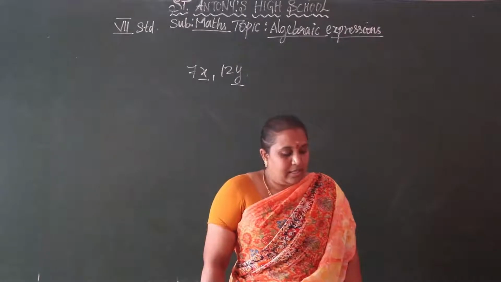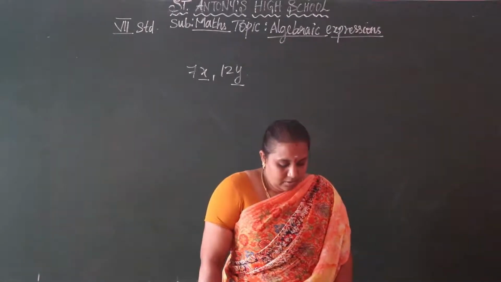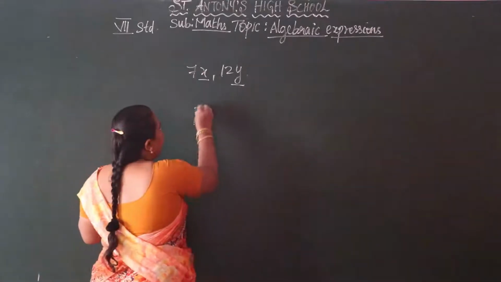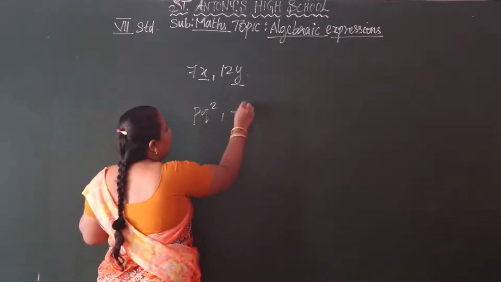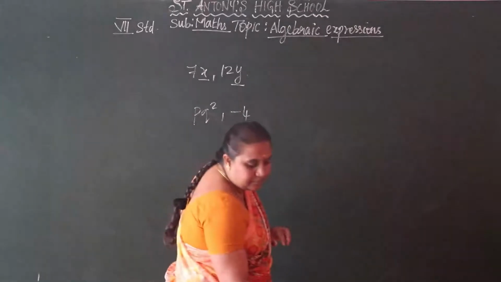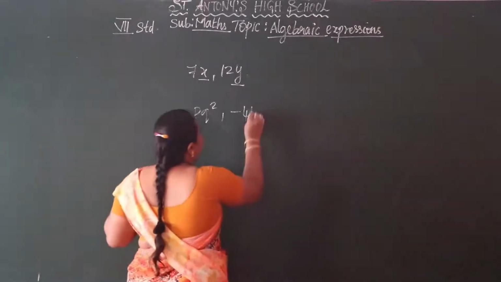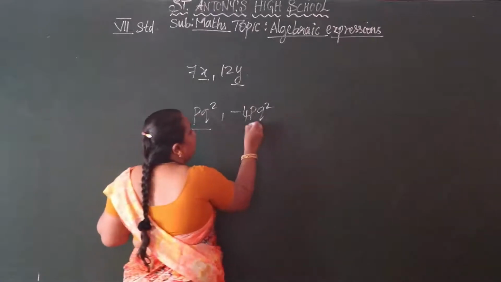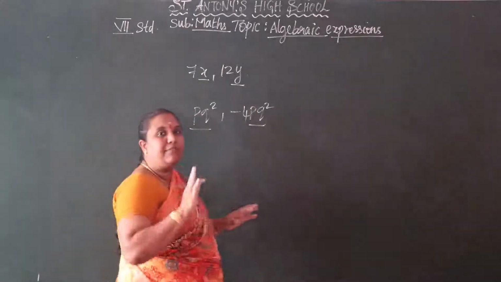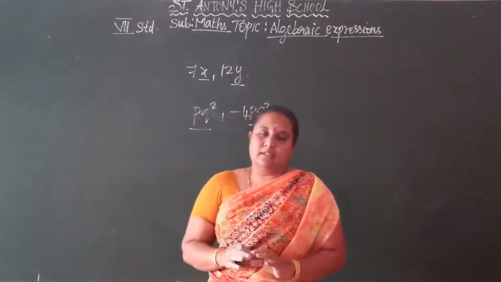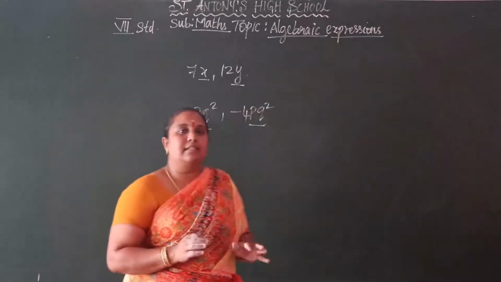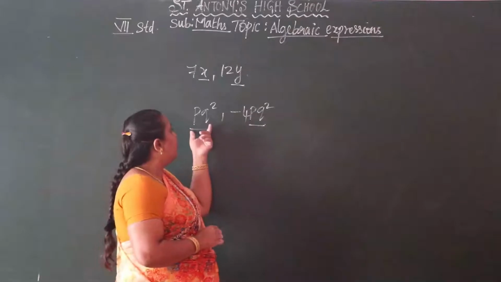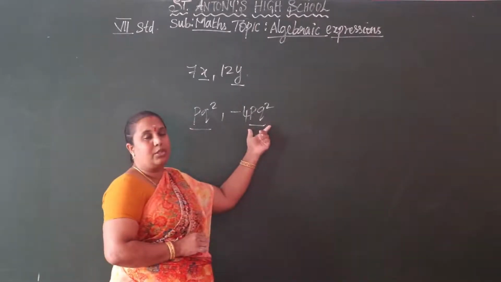Now let us see pq square, comma minus 4 pq square. See the variable first which is given in the term. Here pq square, here also pq square.